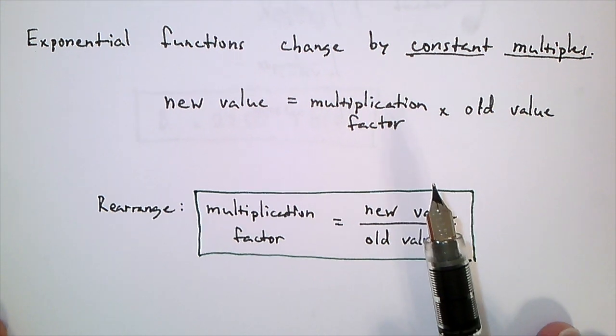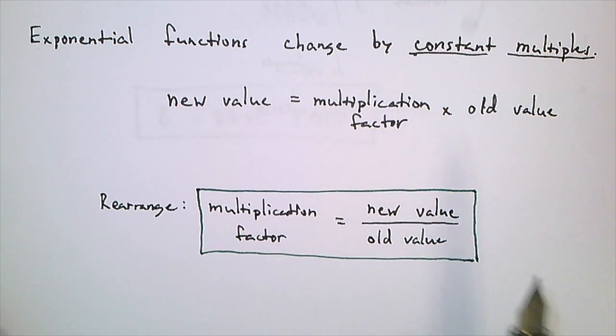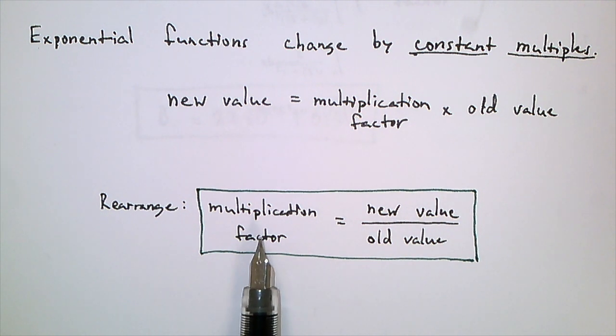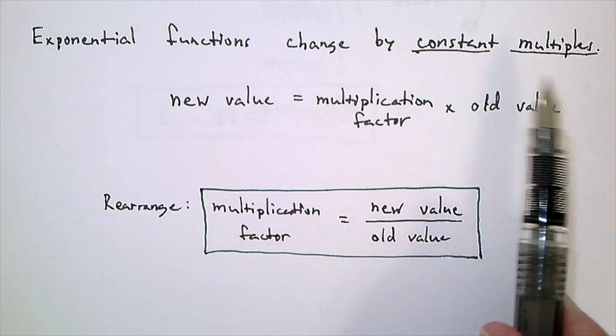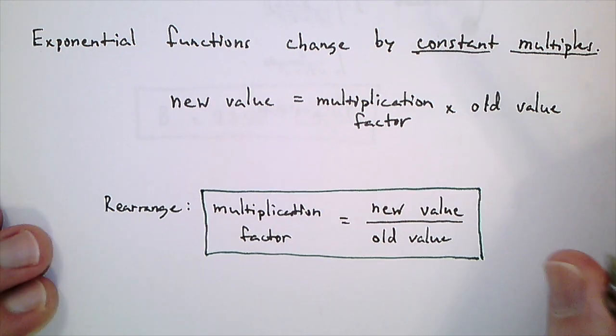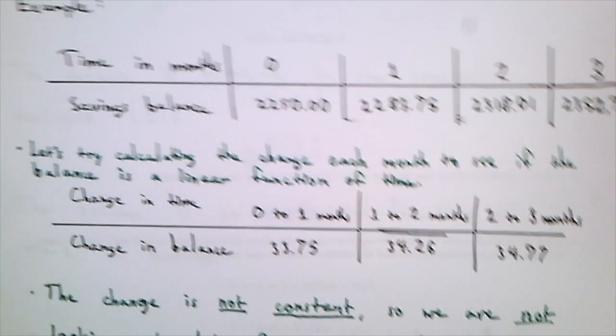The nice thing about this equation is that it gives us a way to check if data comes from an exponential function by seeing if the multiplication factor is constant. So we could make a third table of data.